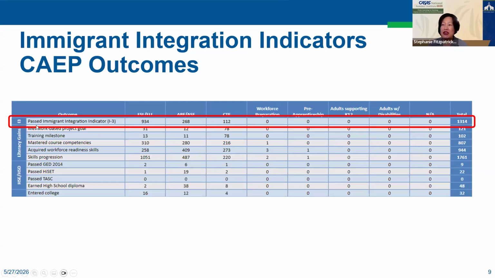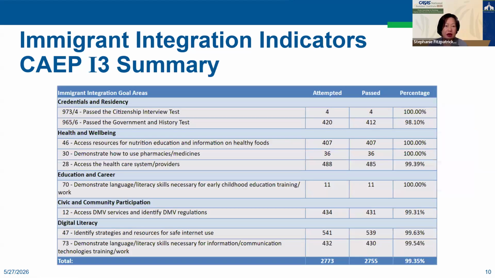The I3 is here, and these are the passed immigrant integration indicators, the I3s, and you can see them by categories: ESL, ELL, ABE, ASE, CTE, workforce prep, and all the others here. Okay, this is the CAPE I3 summary, another way to look at this information through TE. So people who passed, who didn't, who took which tests.